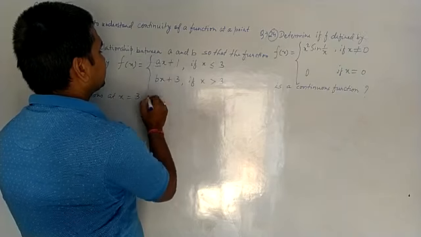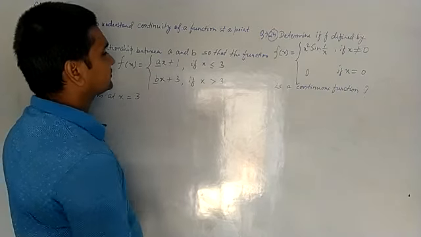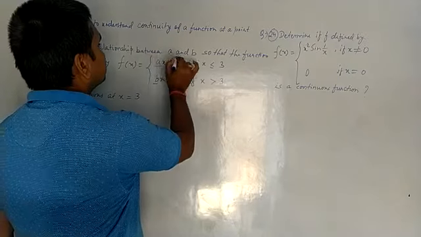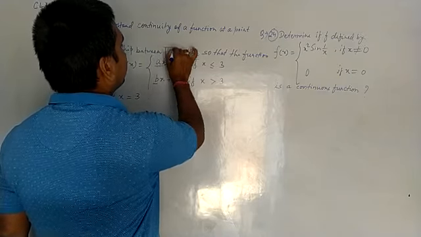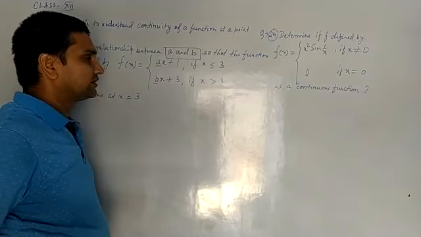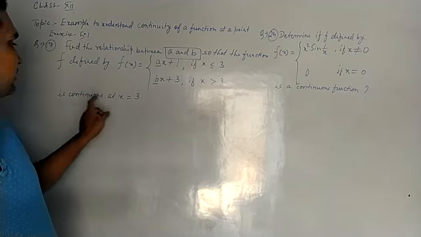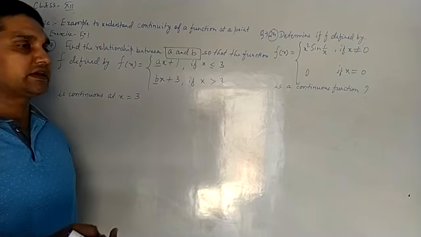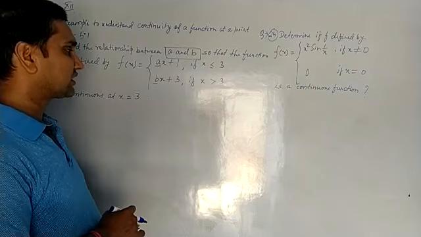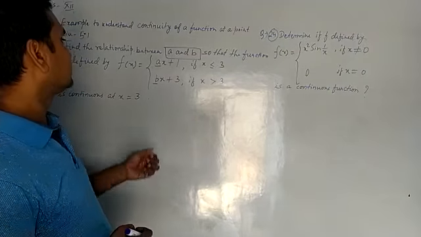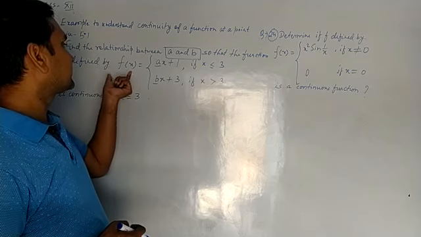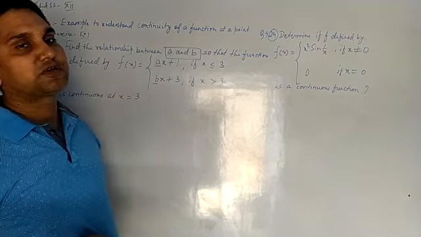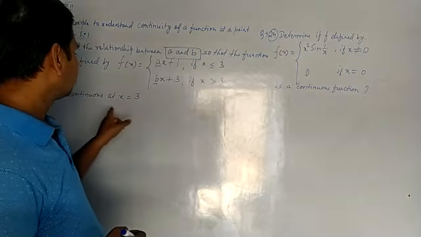A is a constant value here, B is also a constant value. We need to show the relationship between A and B. When the function is continuous at x equal to 3, it means they are instructing us to consider this f(x) as a continuous function at x equal to 3.